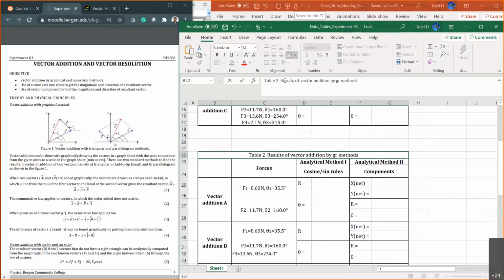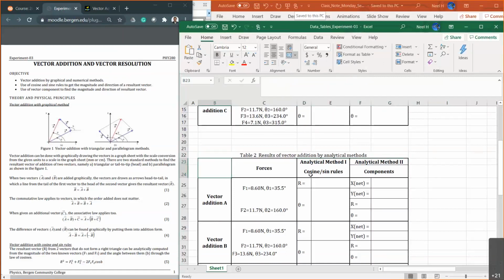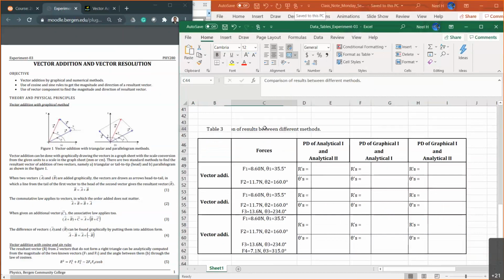Please change that if you see the same name: result of the vector addition by using analytical methods. Change that, and table number 3 looks fine. Yeah, that's a comparison of the resultant vector from the previous two, okay?